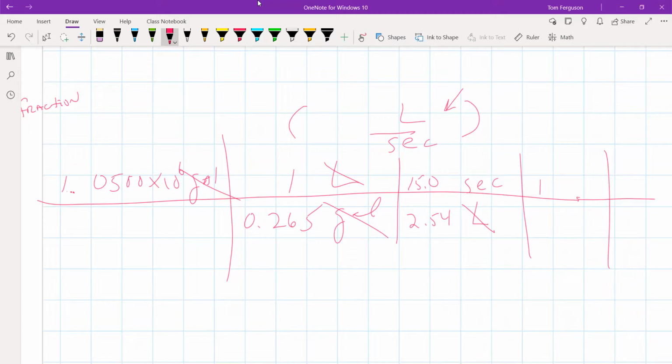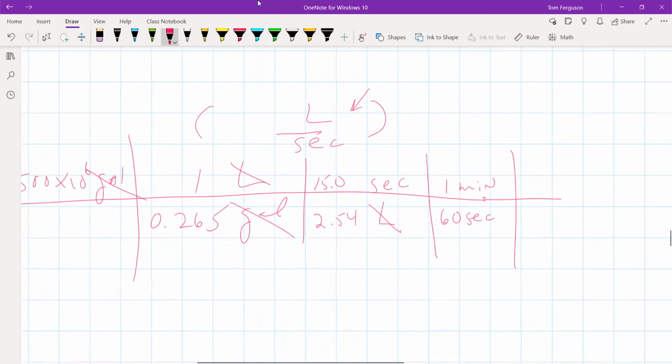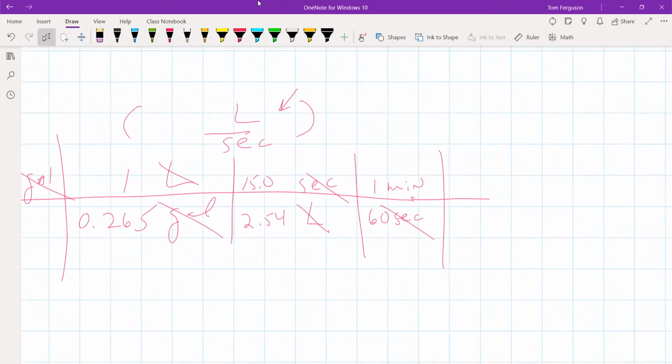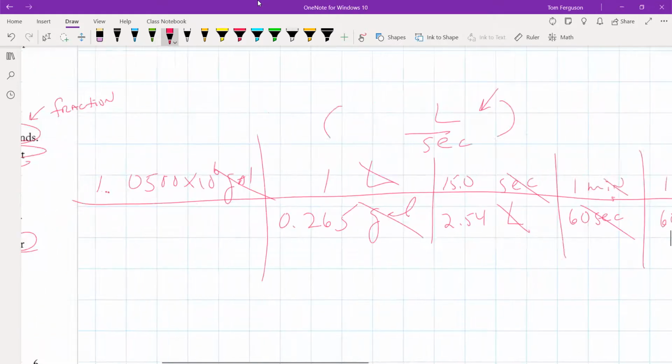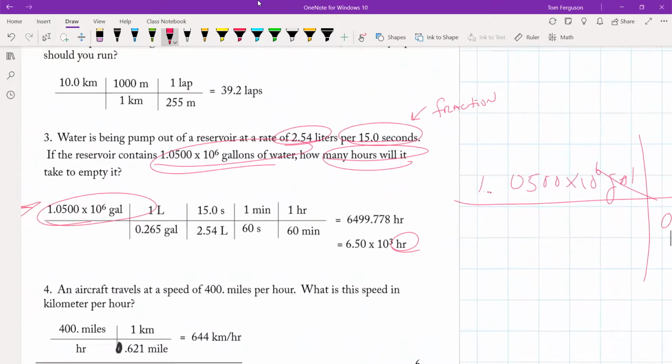We have 60 seconds in a minute. Now we have minutes. Now let's get those minutes over to hours. So everything cancels except hours. What are we trying to calculate? Hours.